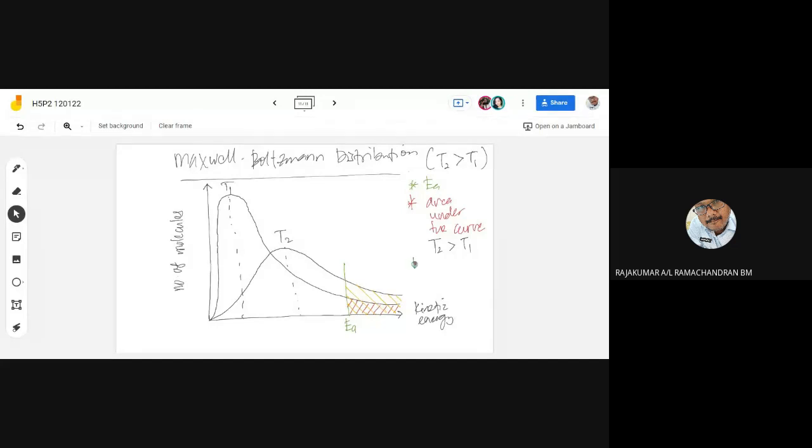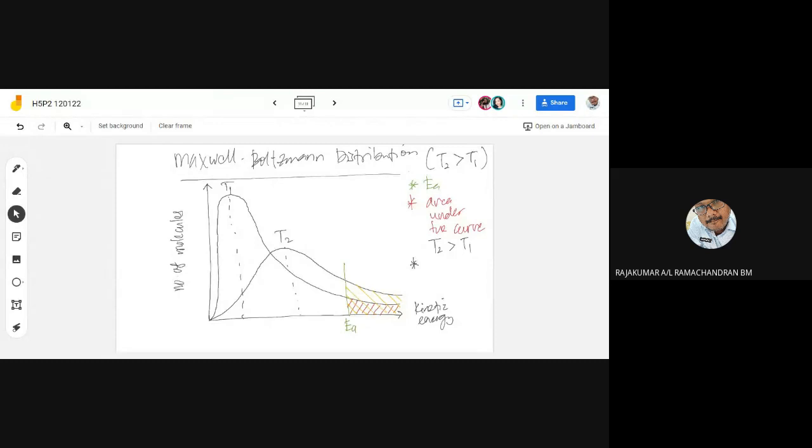That means bila kawasan bawah lengkung T2 tu lagi besar daripada T1, maksudnya lagi banyak reactant particles melepasi EA pada T2. I repeat one more time. Kalau kita nampak kawasan bawah lengkung untuk T2 lebih luas, maksudnya lagi banyak reacting particles melepasi EA pada suhu yang lebih tinggi, iaitu T2.